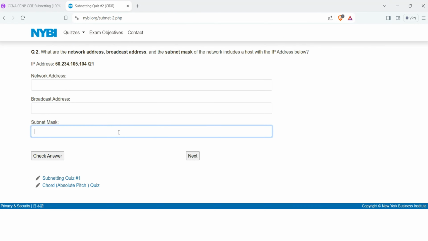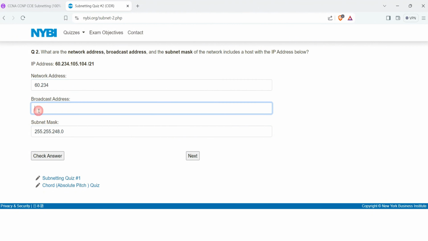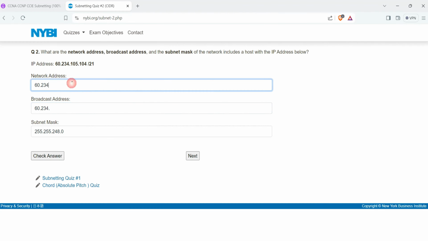Slash 21. 255 is 8 bits. Another 255 is 8 bits, 16 bits. I need 5 bits. Oh, it's 248.0. The first two octets don't change. 224.60 dot 234 dot. Now, how does 248 fall under? Okay, jump start is 8. Where's 105?